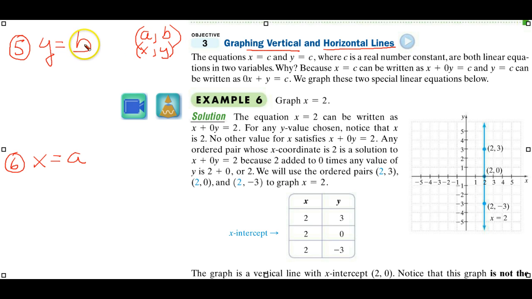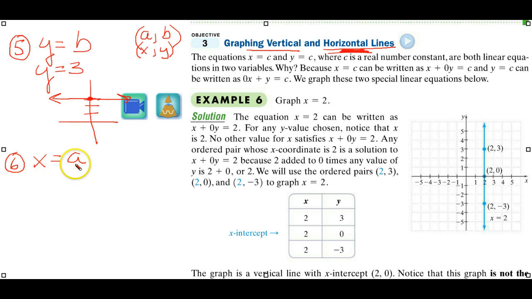But here, this is an equation of a horizontal line that goes through the y-intercept at this point. So if they said y equals 3, this would be a graph, 1, 2, 3, where you would put a dot there and a dot anywhere else, and this is what it would look like.